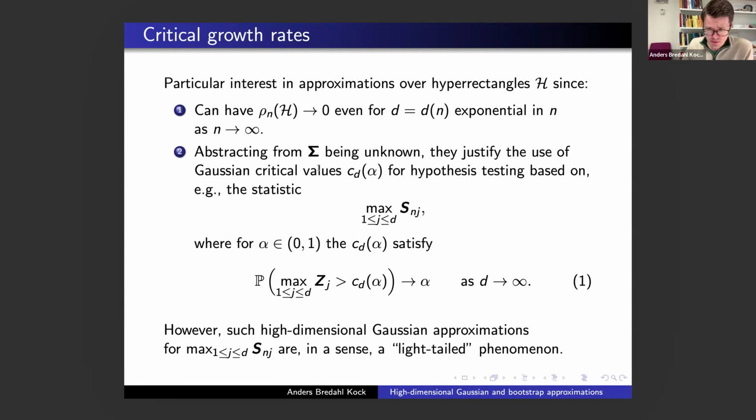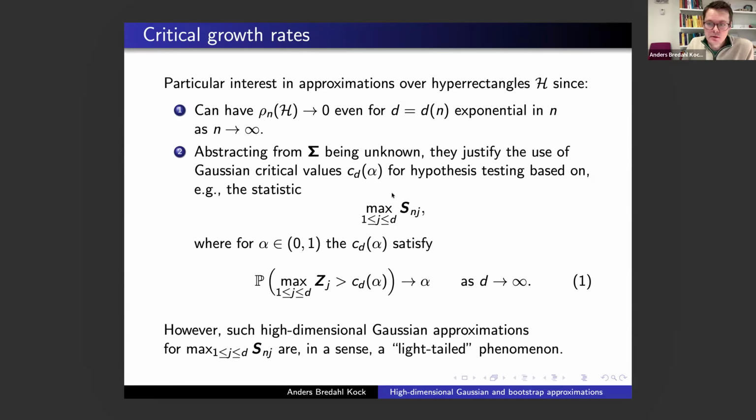And another reason is, abstracting from sigma, the covariance matrix of the data being unknown in practice, such Gaussian approximations justify the use of Gaussian critical values, call them c_d(alpha), for testing hypotheses based on max-type statistics here.